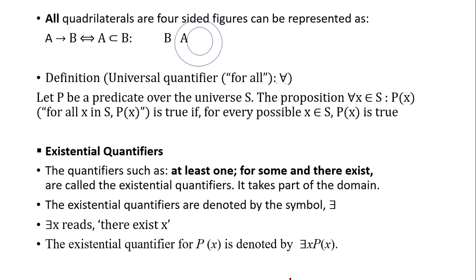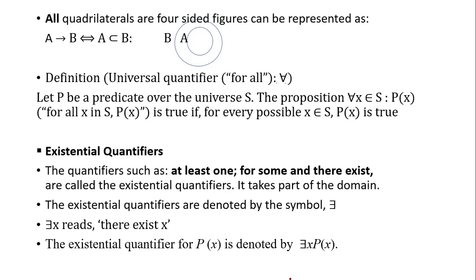Then you conclude either it's valid or not. But for existential, we are taking part of it. Quantifiers such as at least one, for some, and there exists are called the existential quantifiers. It takes part of the domain.